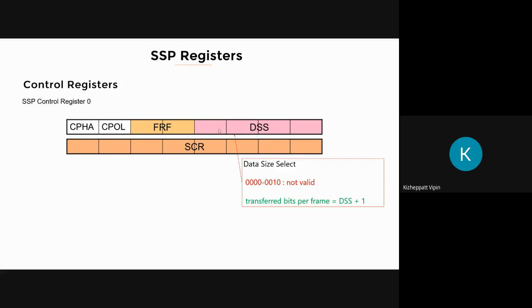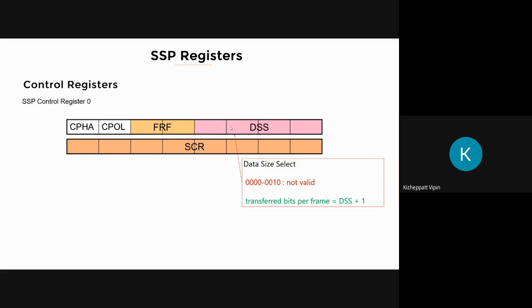Okay, so you set the frame size here. If he is acting as a master, he should configure it. If he is acting as a slave, then also you should configure it. So the SSP interface, you can configure it as master as well as slave, one of them at a time, of course. In both cases, you need to configure the transfer size. So minimum is 4.